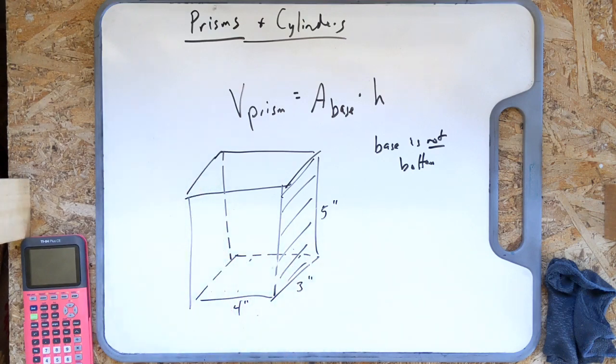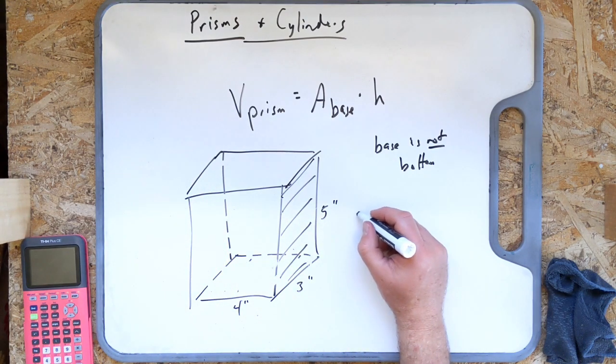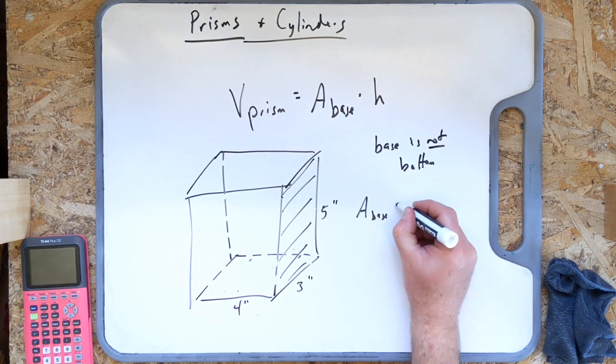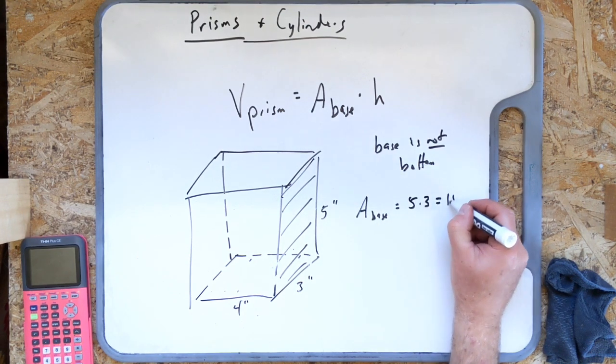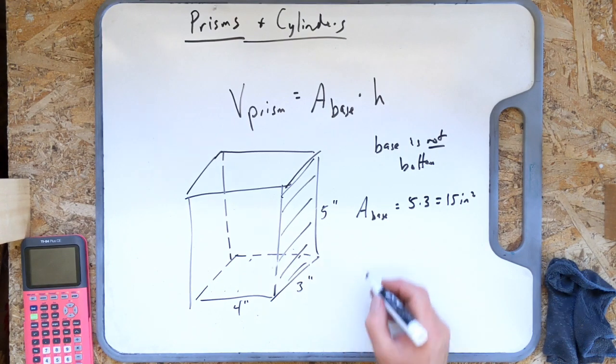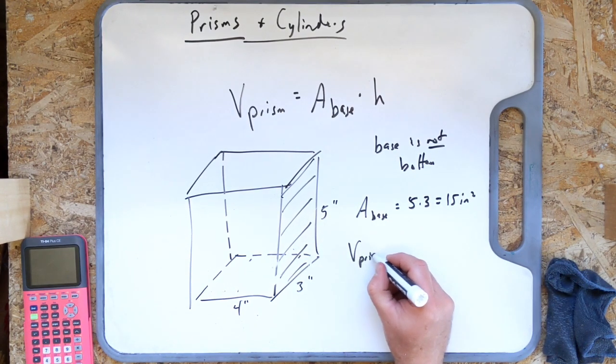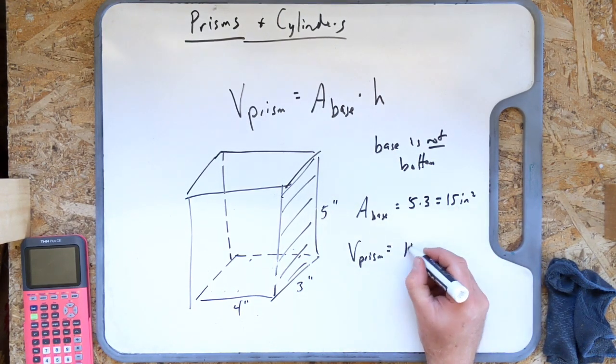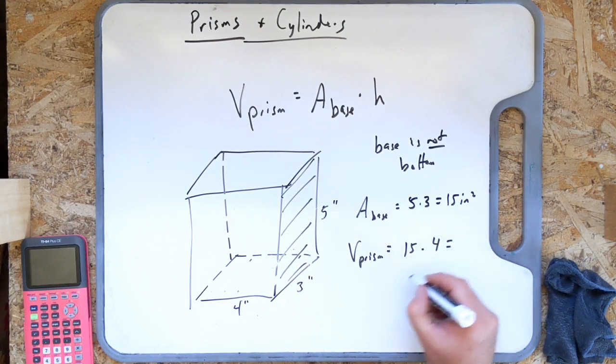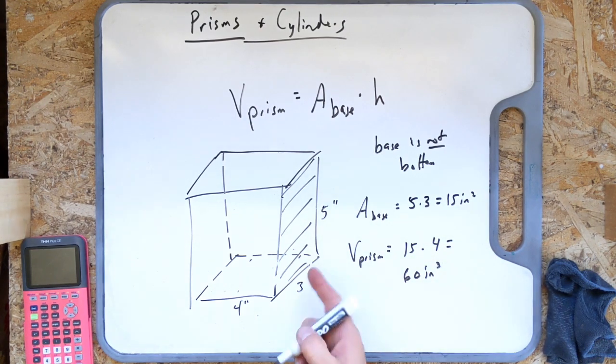So this is parallel to that, and it's the same shape, it's the same polygon. Therefore, I could call that the base. Then the area of the base is simply 5 times 3, or 15 square inches. And then for the volume of the prism, I have to take that 15 and multiply it by 4 to get 60 cubic inches. In other words, it didn't matter which one I took as the base in a rectangle.